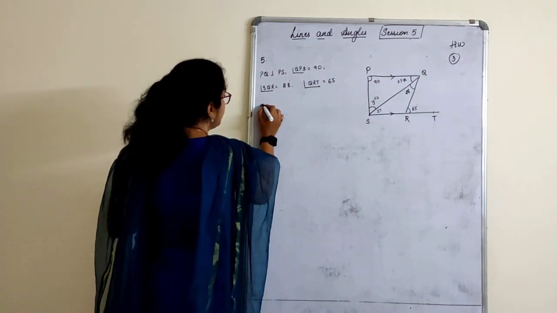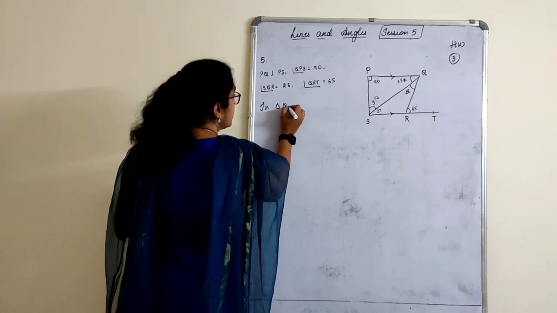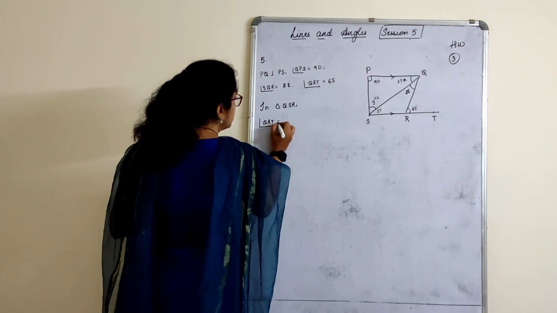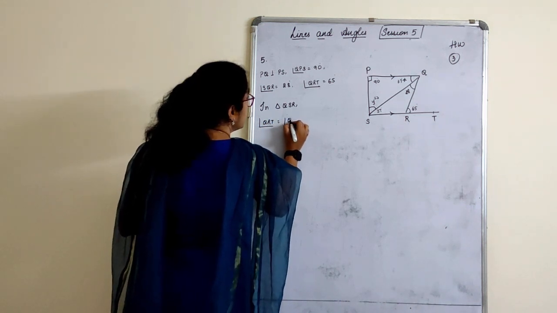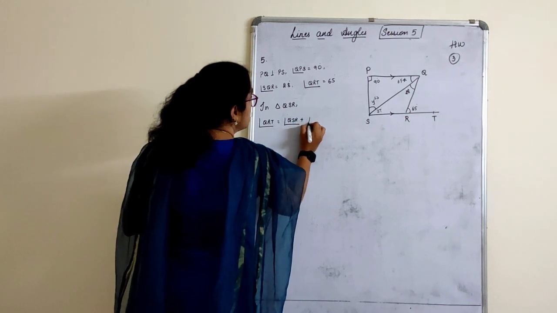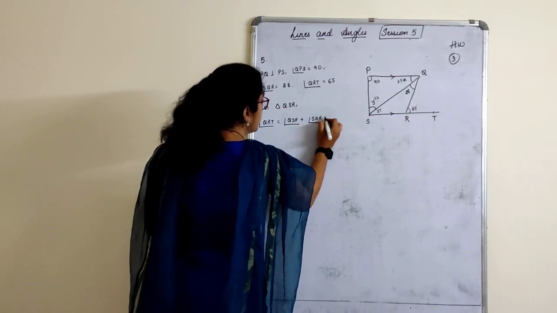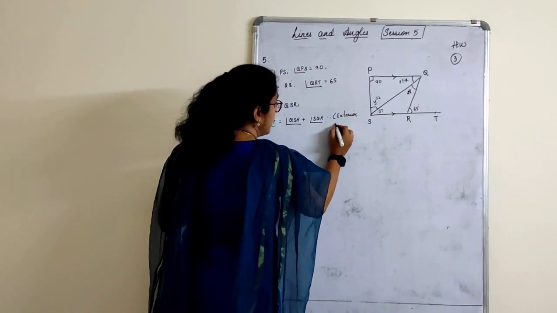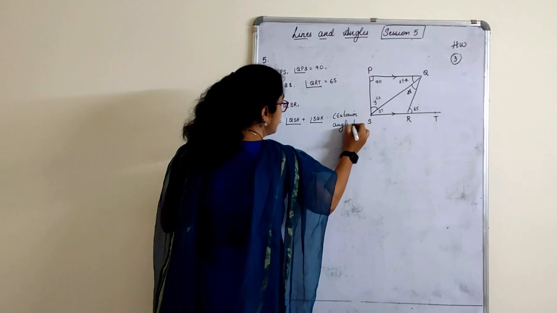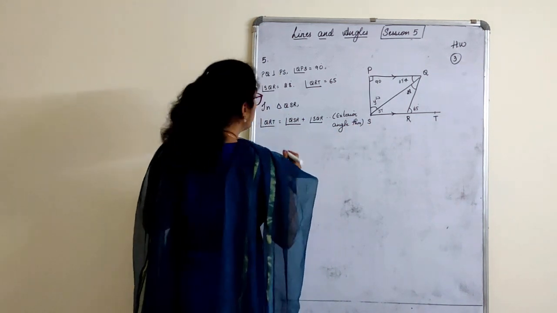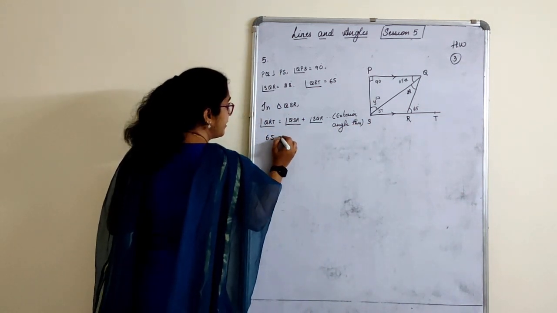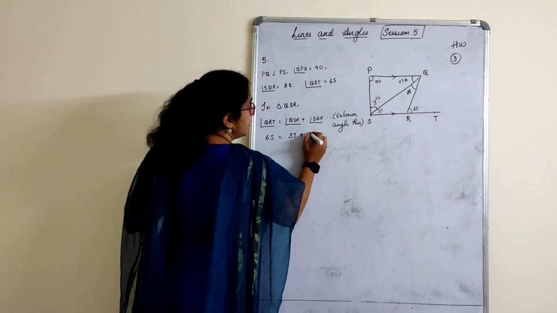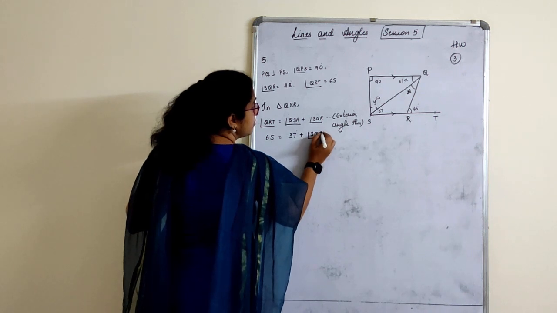So what we will write here first is, in triangle QSR, angle QRT is equal to angle QSR plus angle SQR. Reason? Exterior angle theorem. So QRT is 65, that is equal to QSR is 37 plus angle SQR.